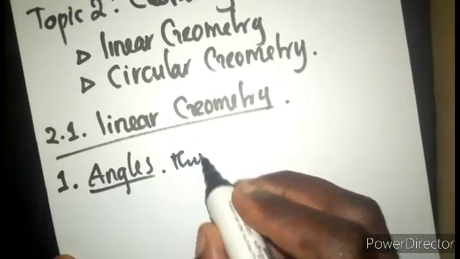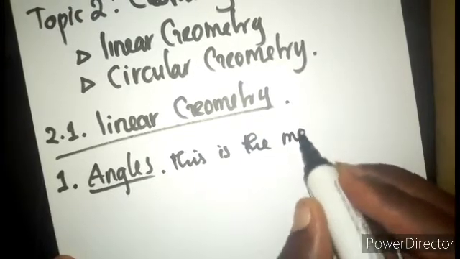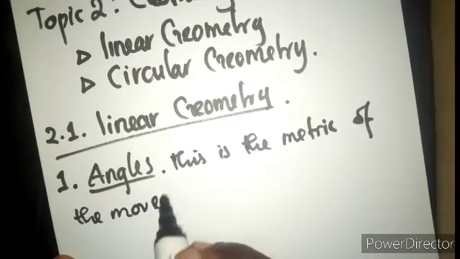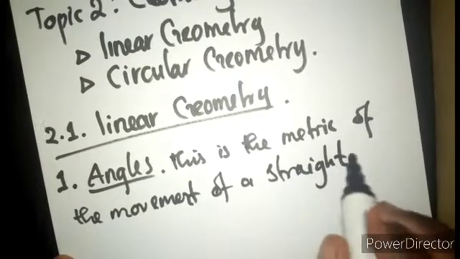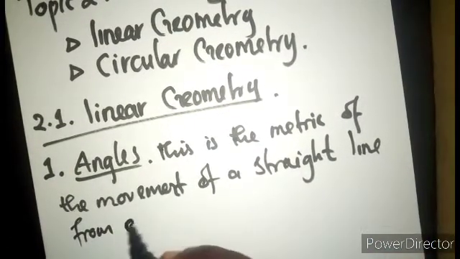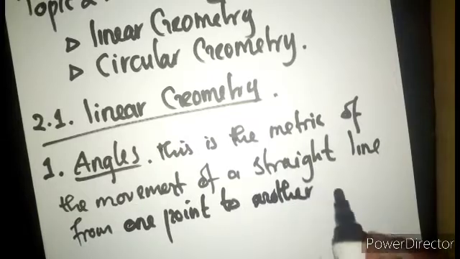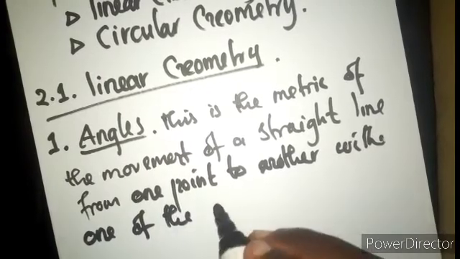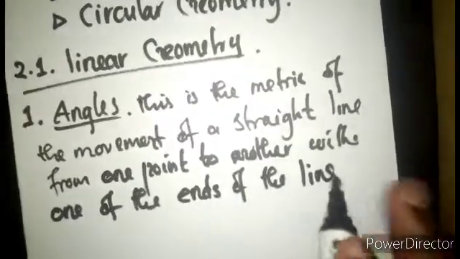Angles are, we can say, a metric of the movement of a straight line from one point to another with one of the ends of the line fixed.